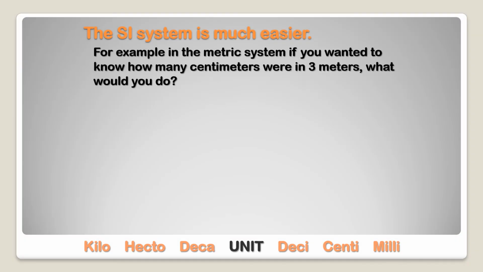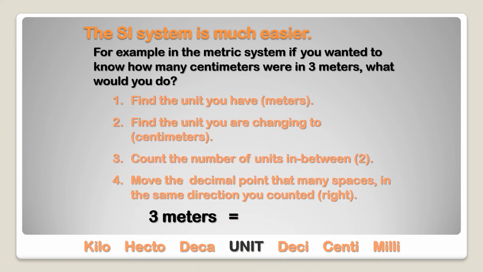It's much easier. For example, if I wanted to know how many centimeters were in 3 meters, what would I do? Well, 3 meters, you find the unit you have, which is meters. Let's find it right here, since meters is our base unit. Right here, it's our 0. Find the unit you are changing to, in centimeters, and count the number of units in between.